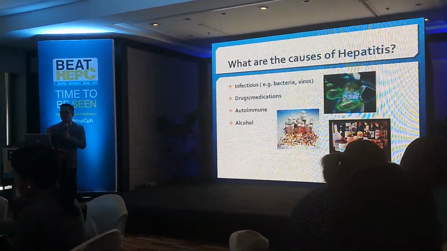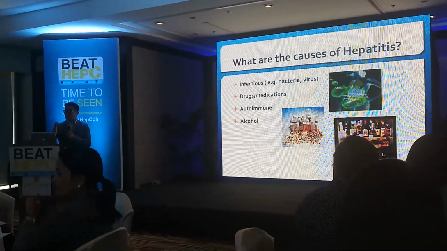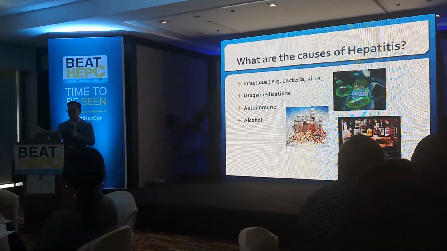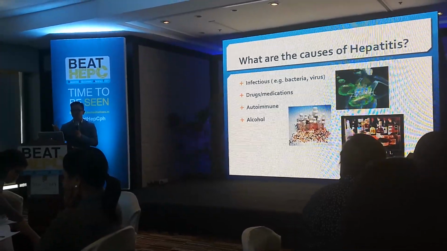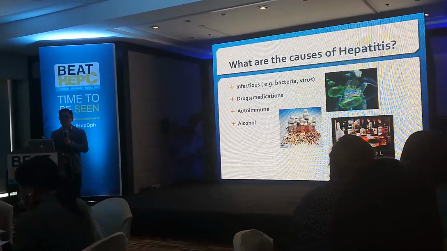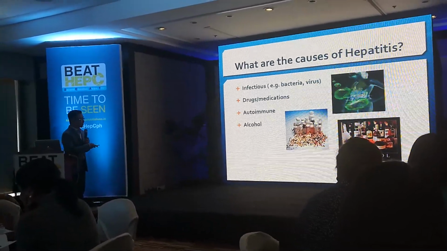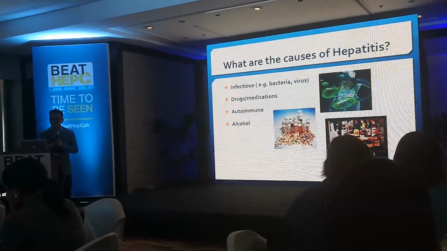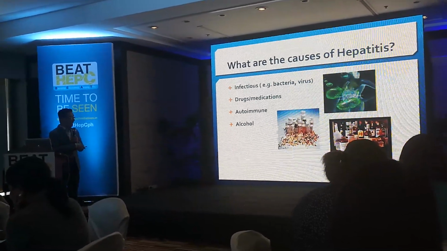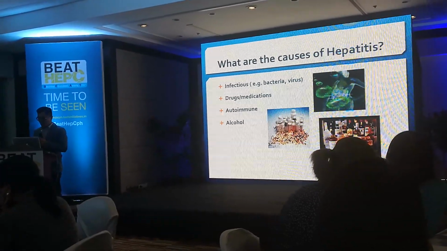Who here is taking medication for cholesterol? We know the statins, atorvastatin, simvastatin, rosuvastatin. These are anti-cholesterol medications that can potentially cause inflammation of the liver. Autoimmune, when the body is the one causing the inflammation of the liver, and alcohol can be a cause of hepatitis as well.